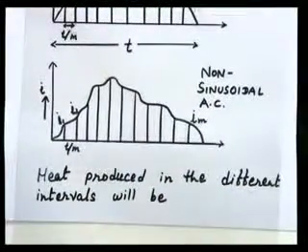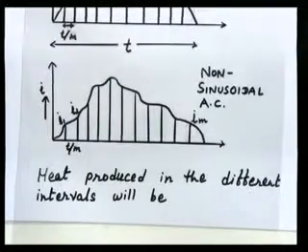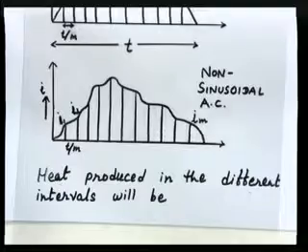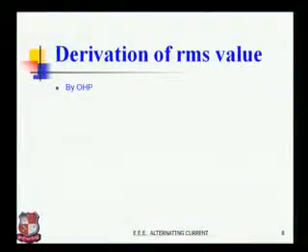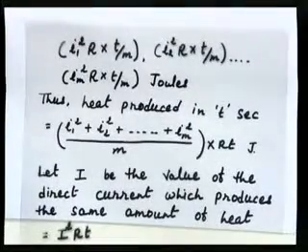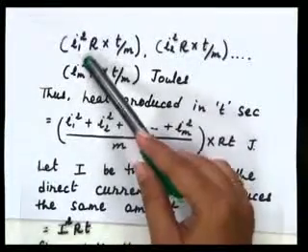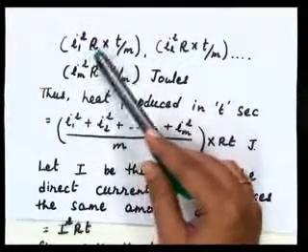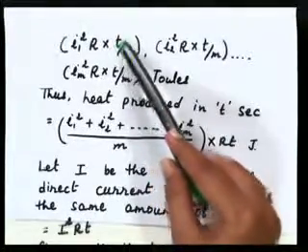Now you have to compare the heat produced in the different intervals for various values of instantaneous current. For the first part, the instantaneous value of current is I1, the resistance of the circuit is R, and the time is T by m.